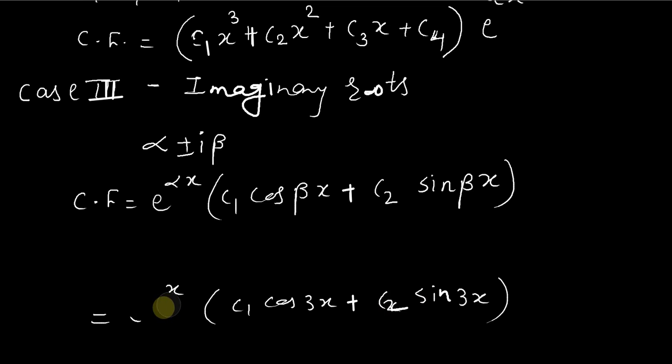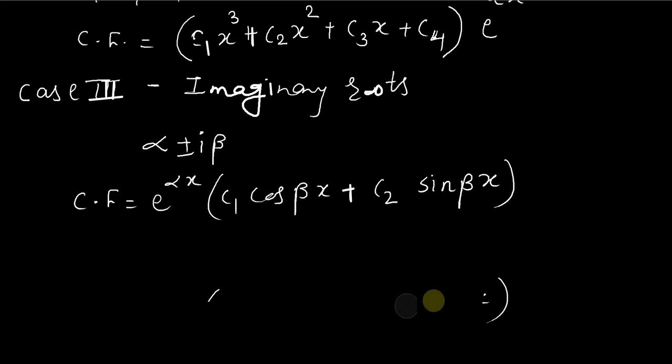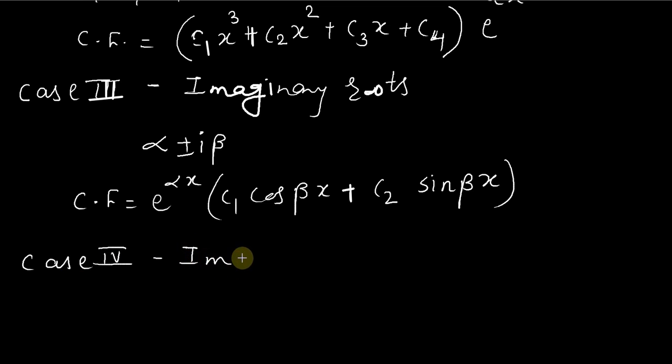Now, the next case is imaginary roots repeated. Whenever the repeated imaginary case is there, the pair is repeated. You'll never get 3 imaginary roots. You'll get either 2 or 4 or a multiple of 2, because imaginary roots get repeated in pairs.